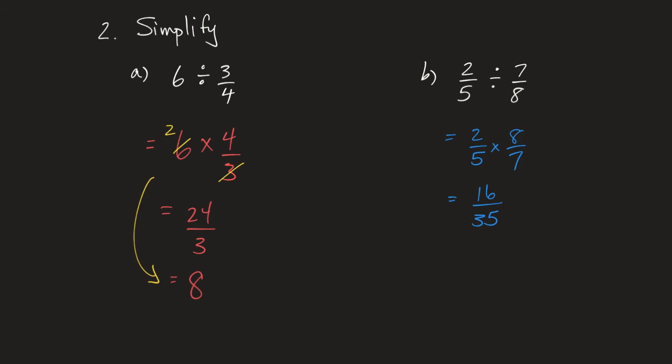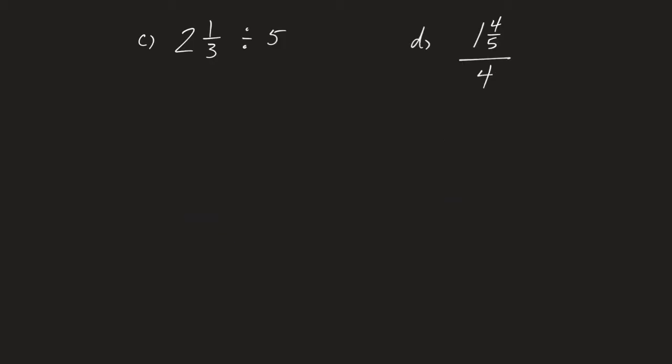Okay, rest of today is about you getting practice and getting really good at your stuff. So, next section. I want you to go ahead and tackle both C and D. Question C, you've got 2 1/3 divided by 5. I have to be honest with you, that's a really weird looking 5 to me. It looked really small the way I wrote it.